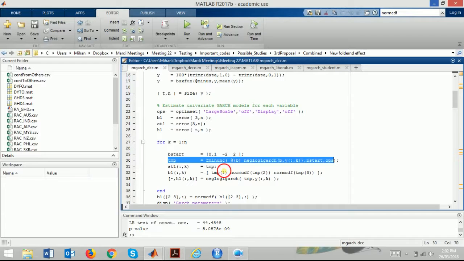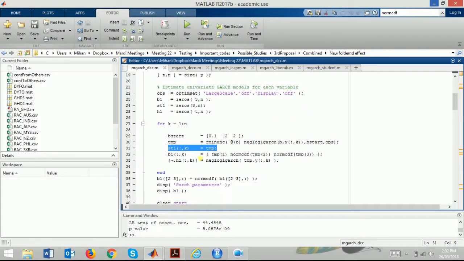B start is the initialization. Here is where the start deviations are located. Then we do mu, then the variance, then covariance gives you this, bound.